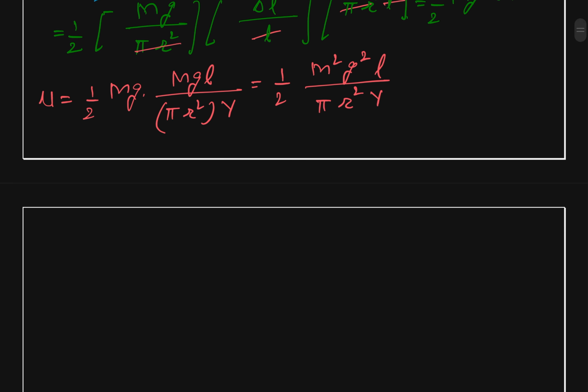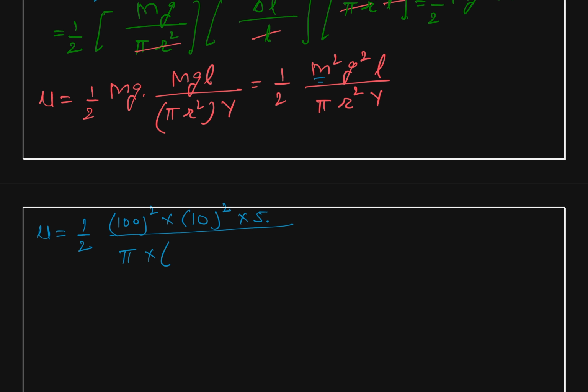Now we can just substitute the values. We get U is equal to half, and here capital M is the mass of the bob, that is 100 whole square. G we can take as 10, and length is given to us as 5 meter.